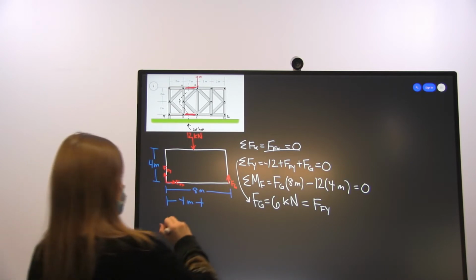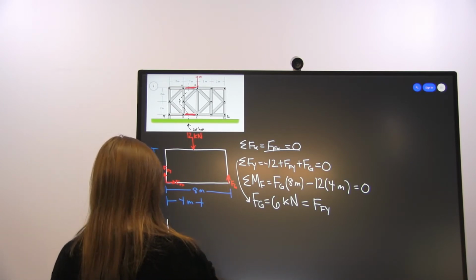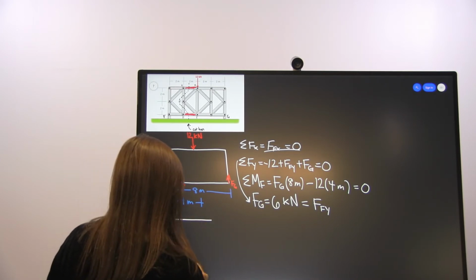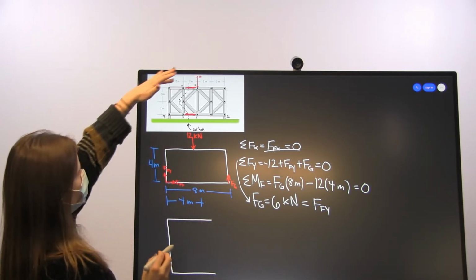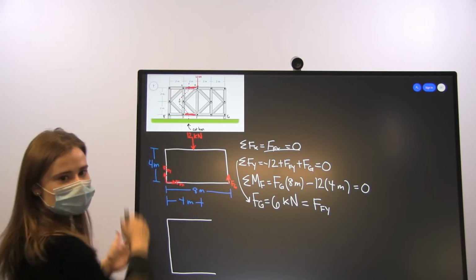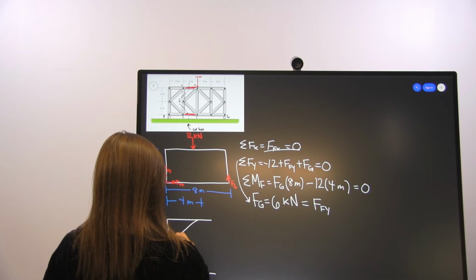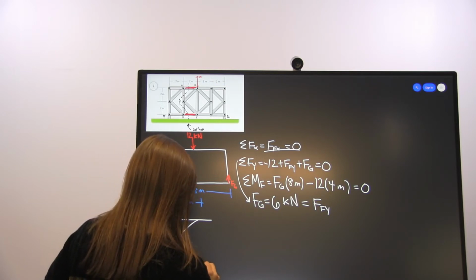And so that's going to be this. And then we're going to want to incorporate these members still because they're still part of this. Like that.